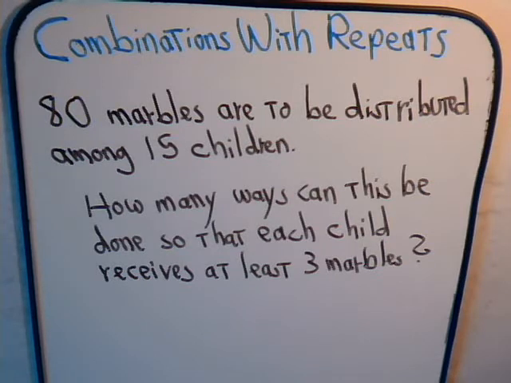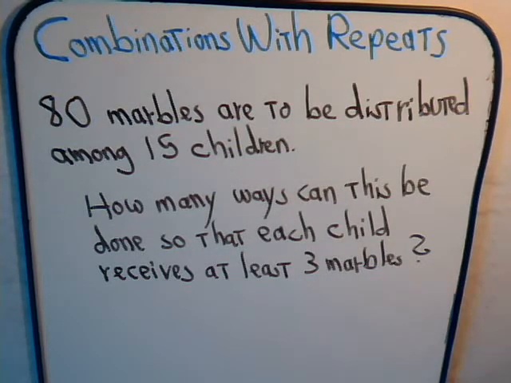Okay, now let's go back and consider this problem and how we're going to solve it using generating functions. There are 15 children that are going to be receiving some marbles, and they receive multiple marbles. That's what makes it a combination with repeats problem. The order in which they receive the marbles is irrelevant, so it's not a permutation problem, it's a combination problem. Now, let's just for a moment imagine that we didn't have this restriction.